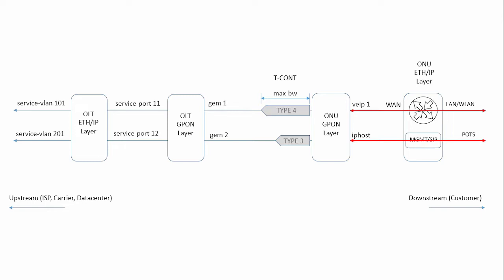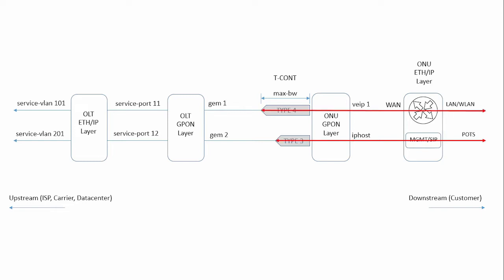VEIP stands for Virtual Ethernet Interface Point. VoIP and ONU remote management are mapped to the IP host interface. You can only configure IP addressing of the IP host interface from the OLT, plus the IP host is always available even after factory reset, which makes it ideal for remote management.